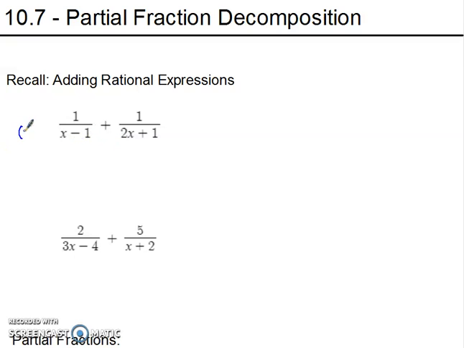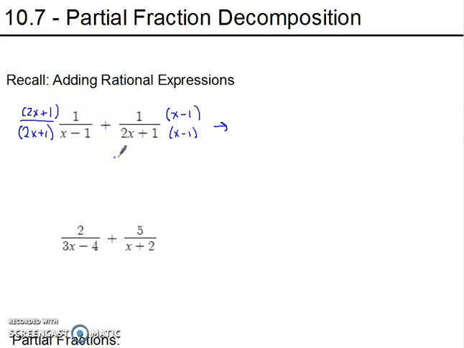So I need to multiply the left by 2x plus 1 on the denominator and also in the numerator. And in the fraction on the right, I'm going to multiply by an x minus 1 in the numerator and the denominator.